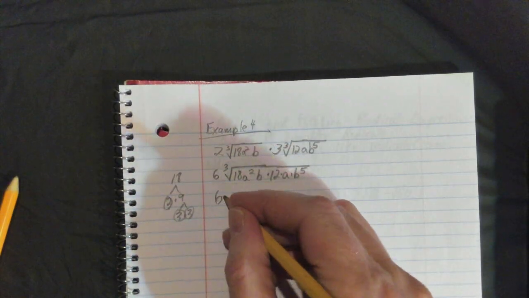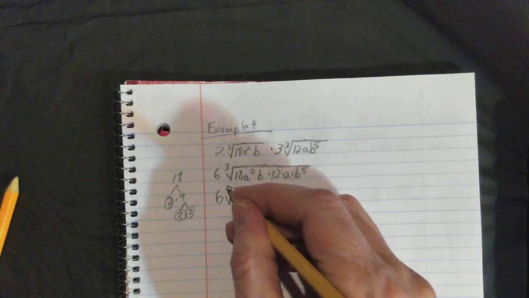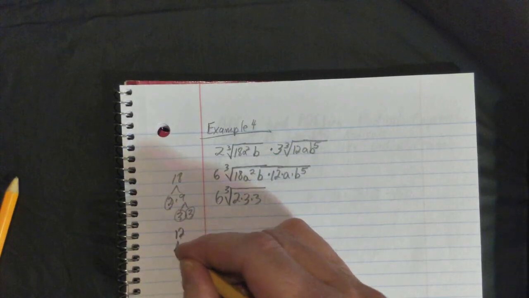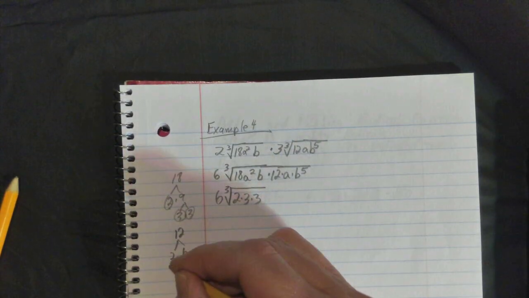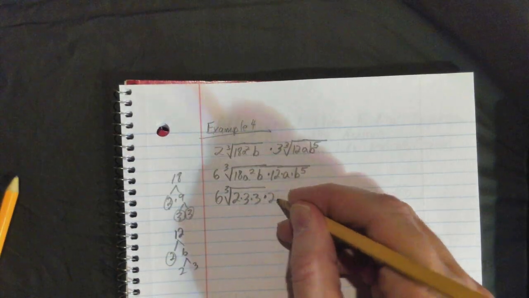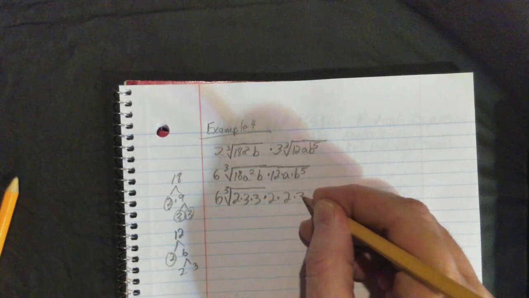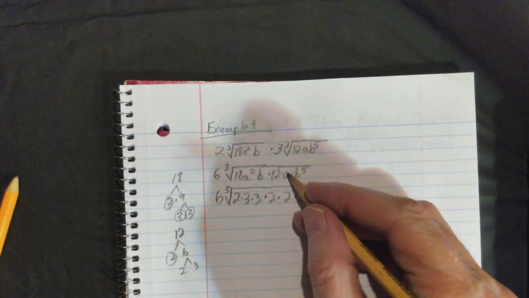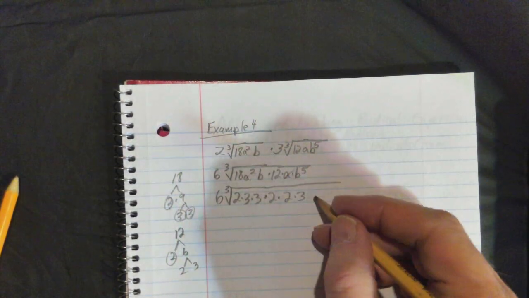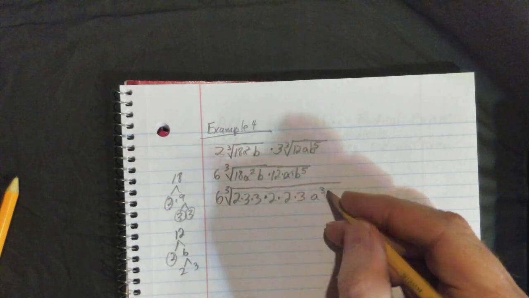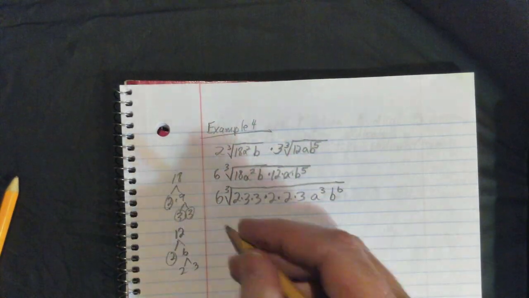So I have the 6 here, I've got the cube root, and 18 is 2 times 3 times 3. I'm going to put the 12 with it while I'm at it. 12 is 2 times 6, and 6 is 2 times 3. So times 2 times 2 times 3. And then a squared times a is a to the 3rd, and b times b to the 5th is b to the 6th.